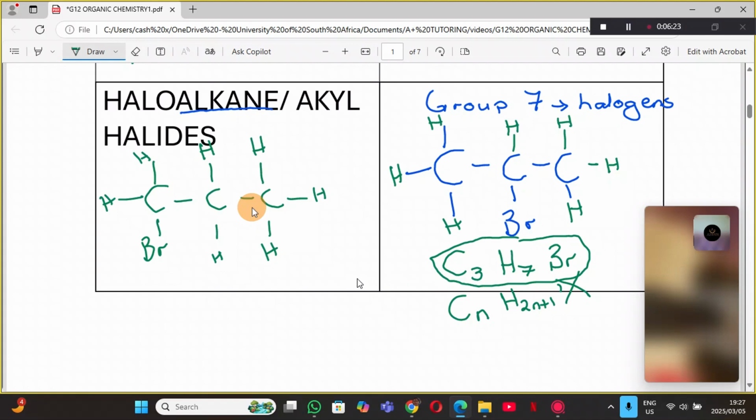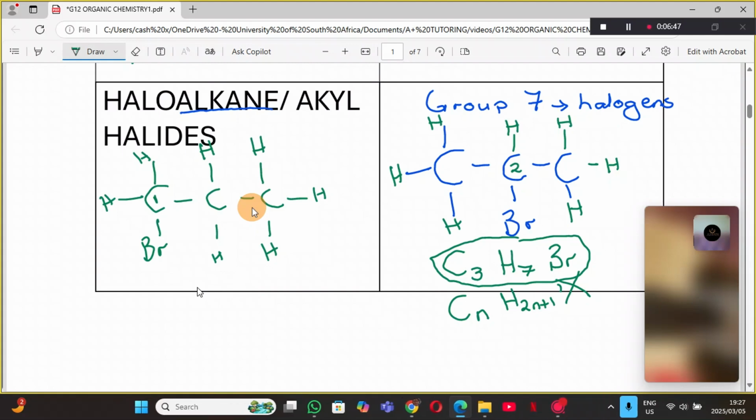But the only thing that changed is what? The position of the halogen. Yes, there you go. So it's a positional isomer. This one was on number 1. This one is on number 2. That's the position. It did not change its functional group, right? It's still under haloalkane.